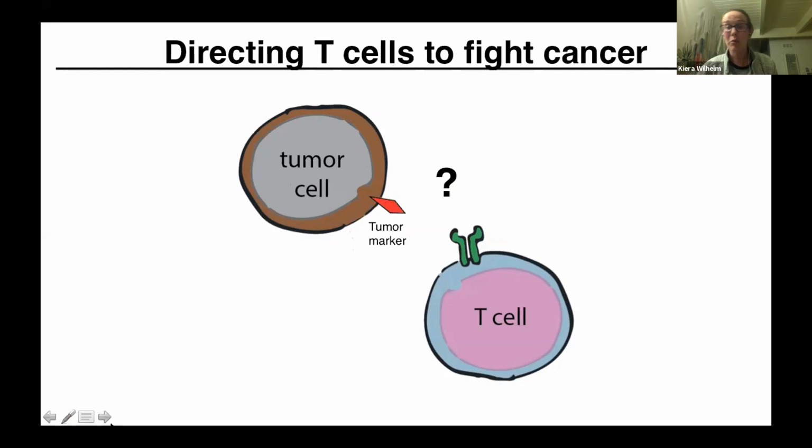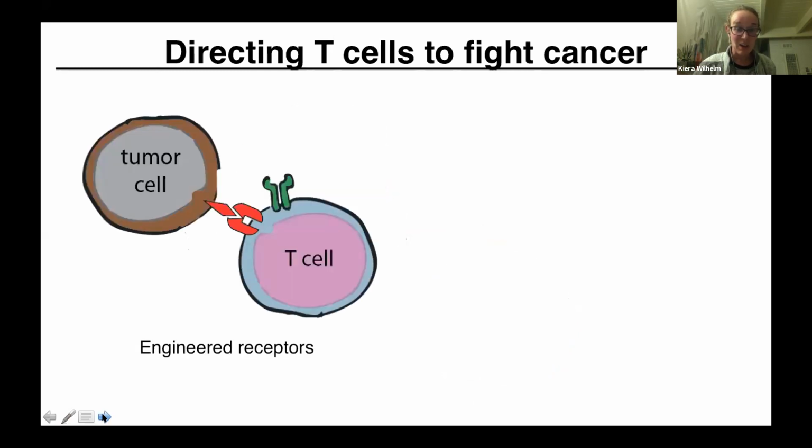And there are a couple of ways that researchers are figuring out how to do this. One is to introduce an engineered receptor into the T cell. This engineered receptor is designed so that it can bind this specific tumor marker and hopefully transmit similar signals to the T cell that will tell the T cell, this is bad, kill this tumor cell.